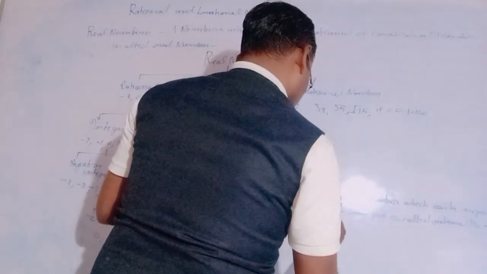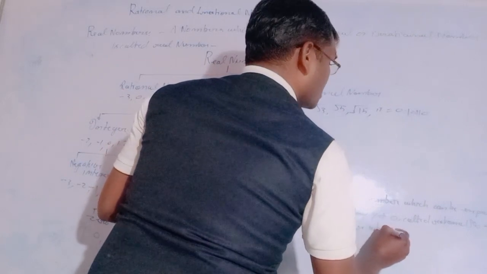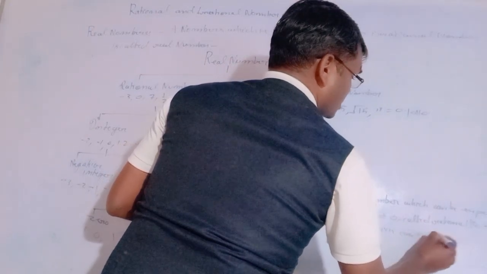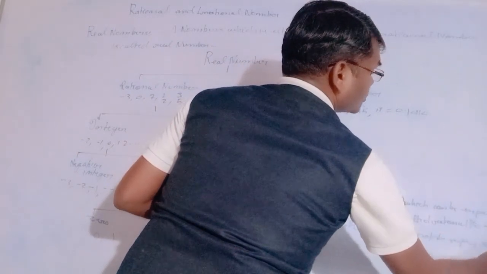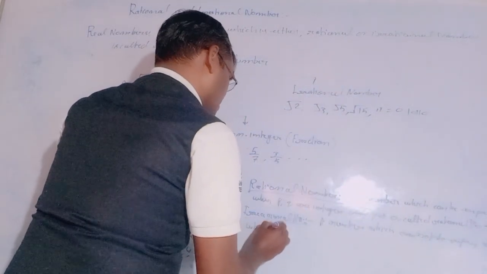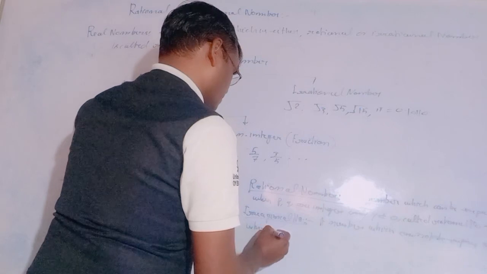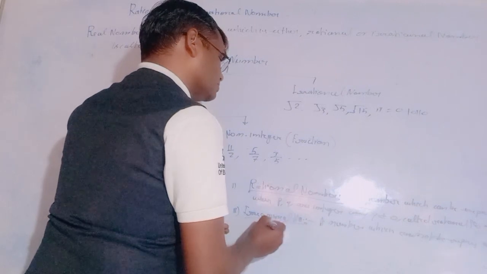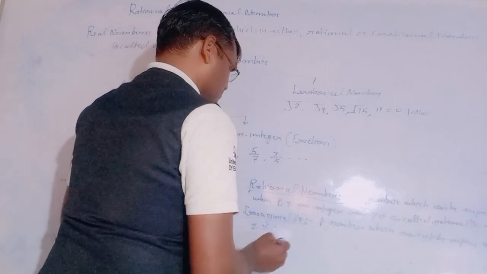An irrational number is a number which cannot be expressed in p by q form, where p and q are integers and q is not equal to 0.